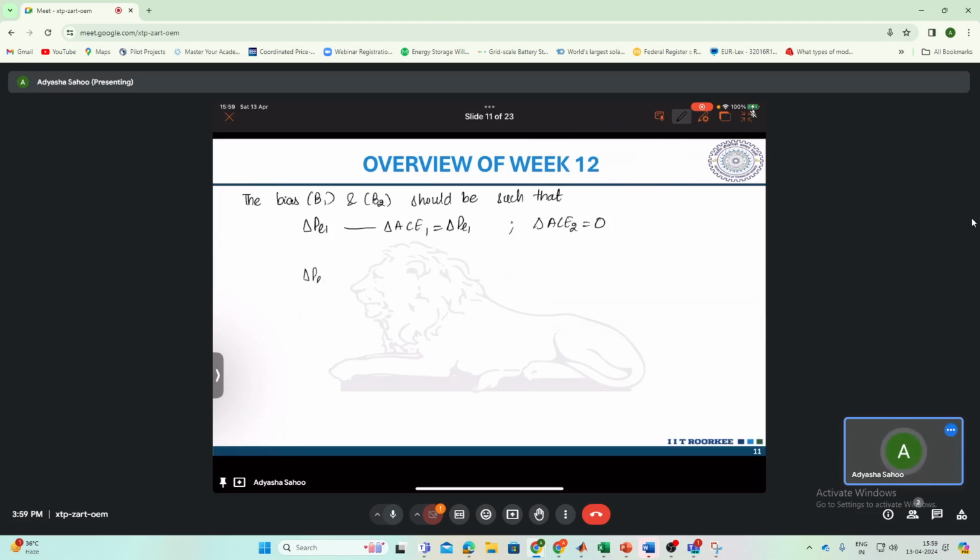Similarly, if there is a disturbance PL2, then your area control error 1 should be 0, but your second should be exactly equal to your PL2.